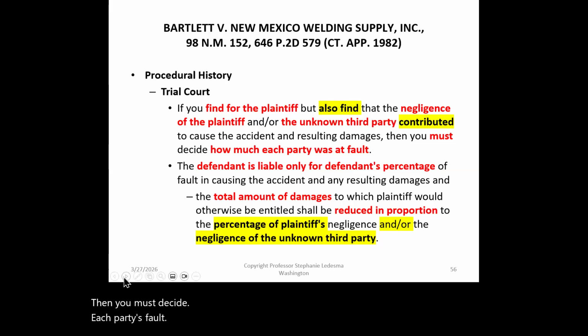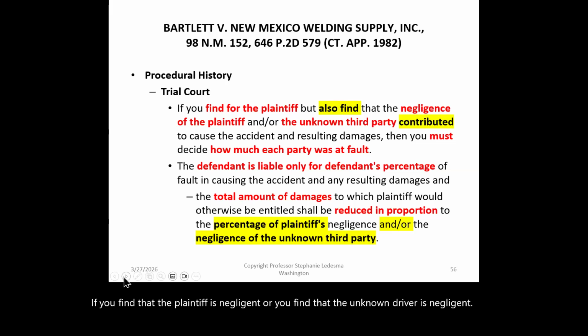Get it? If you find that the plaintiff is negligent and or that the unknown driver is negligent, then you've got to determine the proportionality of fault for all of the parties.